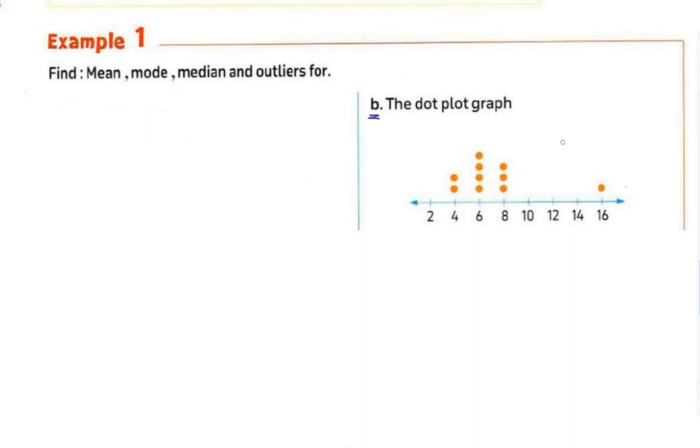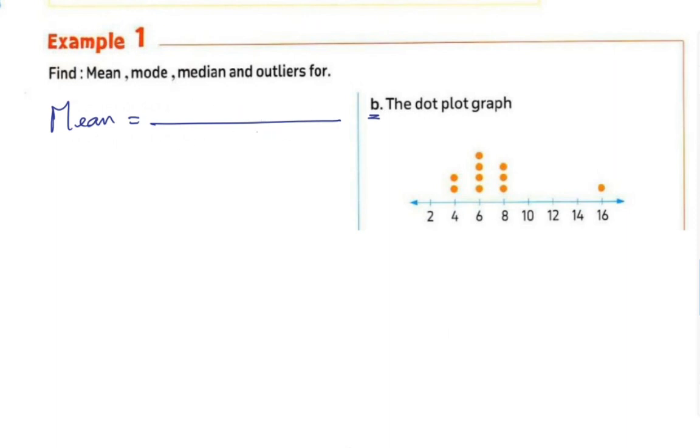We have here a dot plot. Now I need to find the mean. Using what? Using the rule, balance point, or fair share? The ordinary way is to use the rule. The rule is the sum of all values divided by the number of them.